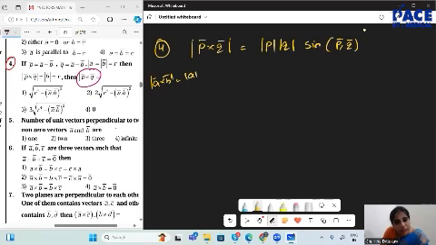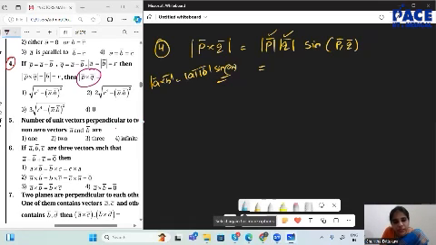That is magnitude A, magnitude B into sine of the angle between A and B. The same rule is what I have applied. Now, are the magnitudes of P and Q given to us? I think they didn't give us, so we can just calculate that. If I go by this process, the magnitudes of P and Q are what I don't have.